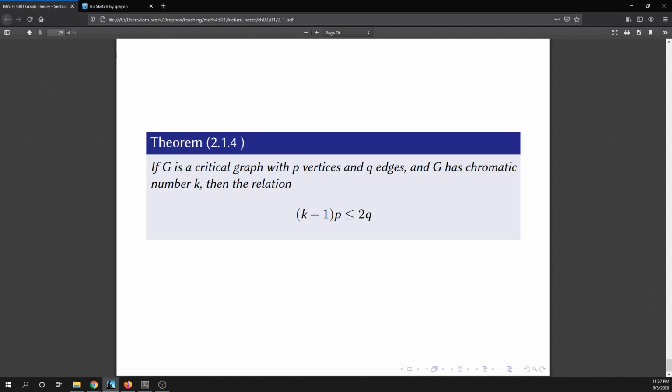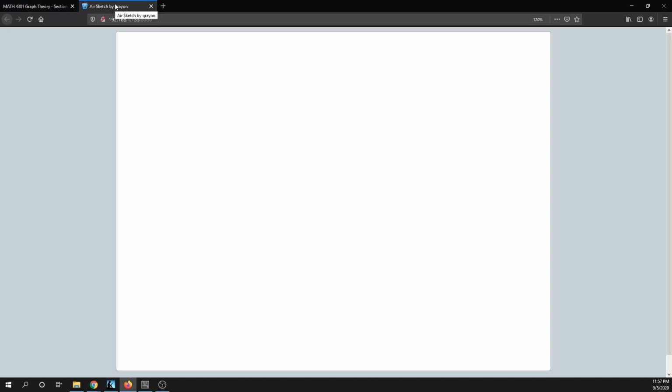All right, and so that goes back to the fact that if you sum the degrees, if I have a graph G with P vertices and Q edges, then the sum of the degrees D1 plus D2 plus D sub P is equal to 2 times Q. This is the theorem from chapter 1: the sum of the degrees is equal to twice the number of edges.